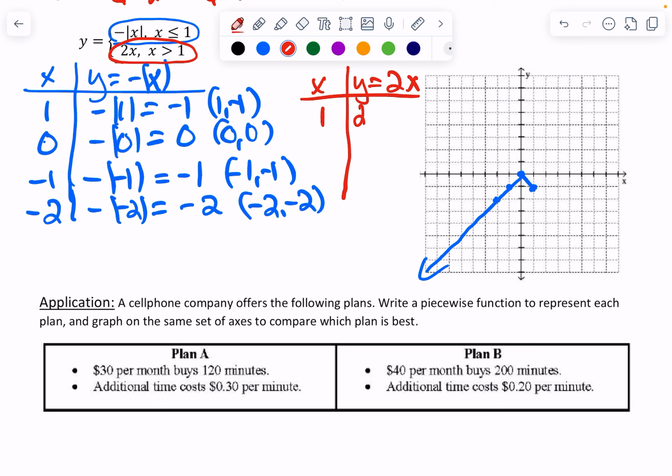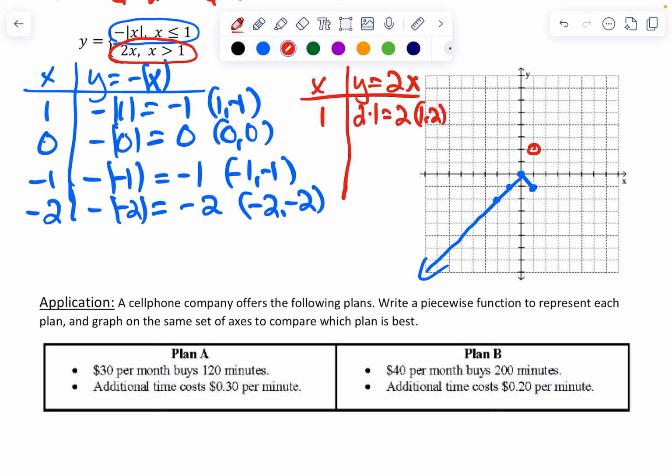So 2 times 1 is going to be 2, so our point is 1, 2. And as you can see here, we're going to draw an open circle because it's not the same point as what x less than or equal to 1 gave. This point is not included. We still need it to know where to start.